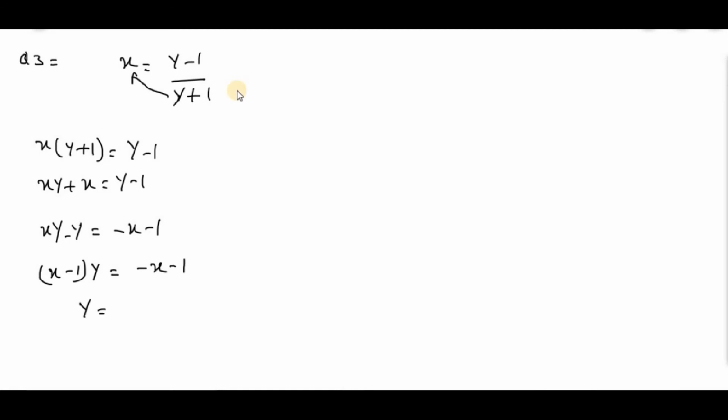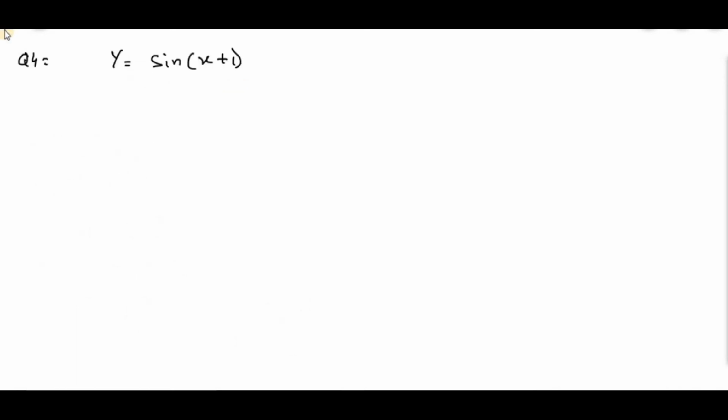So y is equal to minus (x plus 1) over x minus 1. Now see, we have changed the terms of the variables from x to y, and it is the required range. Now one thing also to be noted, that the function may not be exactly as the range.